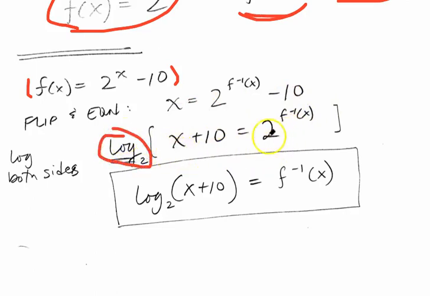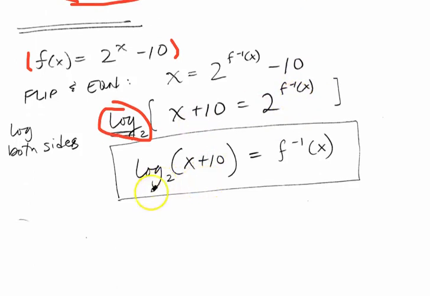And so by taking the log of this side, we get the exponent to come down. So that's what the logarithm does. And so there is the inverse of the function. So the inverse of 2 to the x minus 10 is equal to the log base 2 of x plus 10.